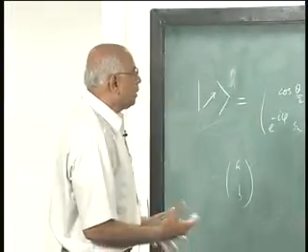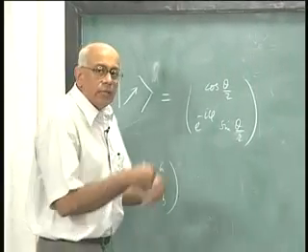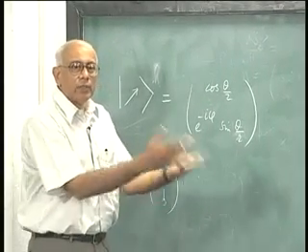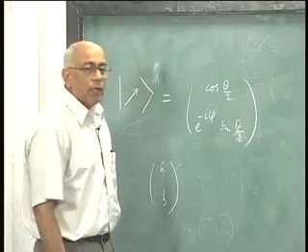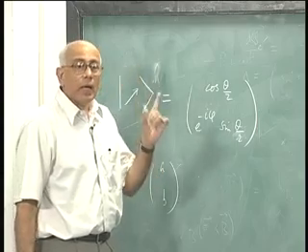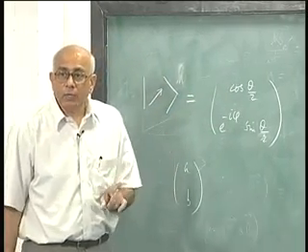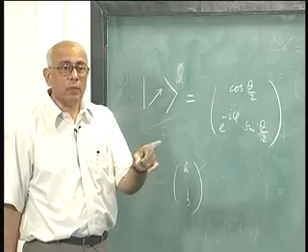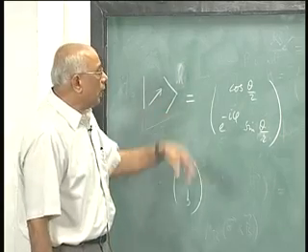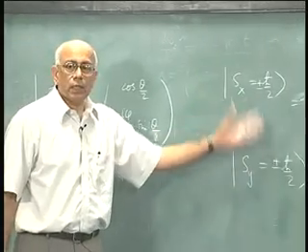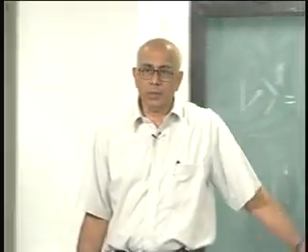So I hope it is clear what is happening. You started with an axis of quantization by convention, the z axis, and I took an arbitrary ket vector and identified it with the eigenstate of S dot n, a particular n, but I use that backwards to write down what the eigenstates are for any axis of quantization directly.